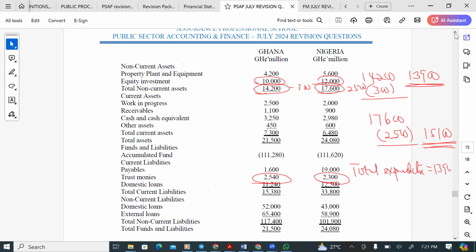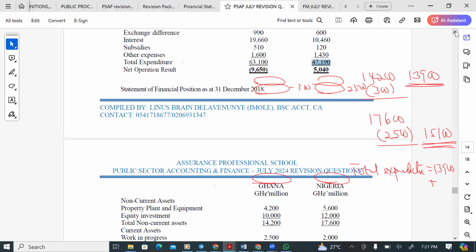So let's go and get the revenue expenditure from the statements, because we have to have the revenue expenditure in our total expenditure before we find the percentage.